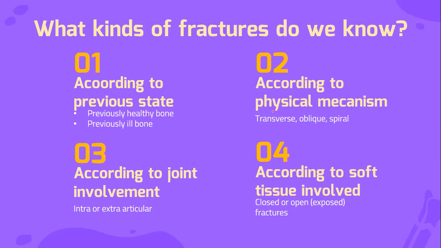So there are also some fractures that are related to some physical forces. That is what we are talking about, fractures according to a physical mechanism. Angle forces produce transverse or oblique fractures, okay? The forces of torsion cause spiral fractures, and the traction forces could also cause avulsion fractures.